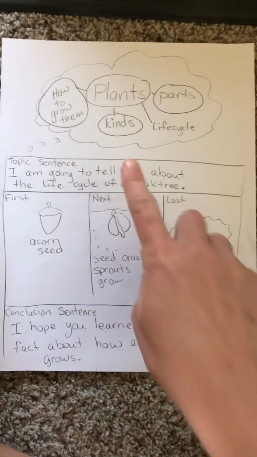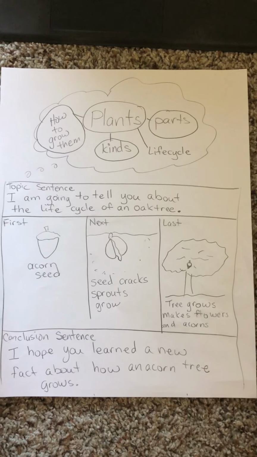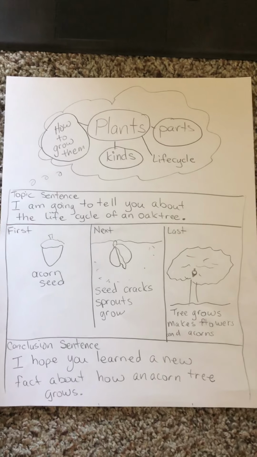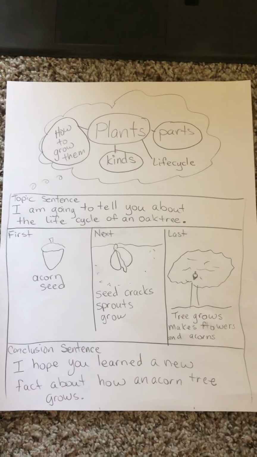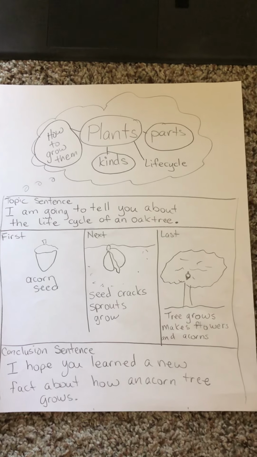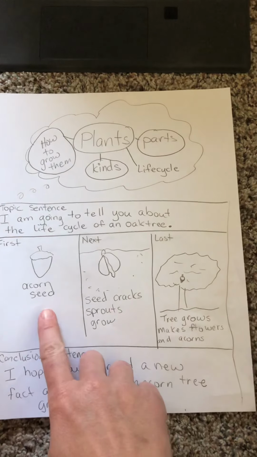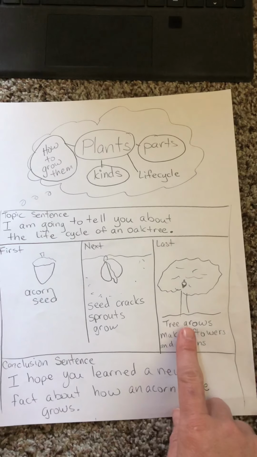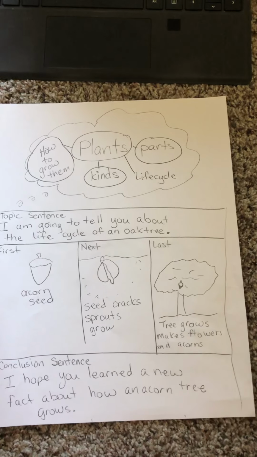So you'll see here, I decided my topic sentence tells the reader what I'm going to be writing about. And I did use a complete sentence here, although I didn't have to. I'm going to tell you about the life cycle of an oak tree. And then I decided I was going to use a mix on my brainstorm of sketches and phrases.